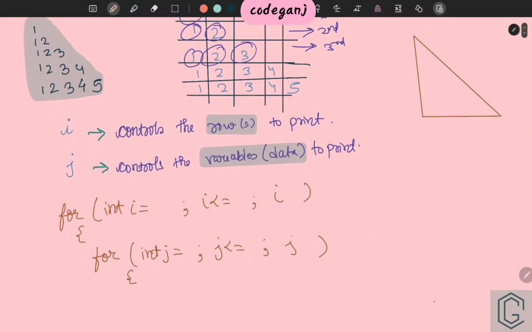This is the basic idea behind this. As I told you, for the rows, first you go to the first row, then the second, third, fourth, fifth, which means you start with the first row and go till the fifth row, increasing every row by 1, so i will be plus plus. This is very easy.